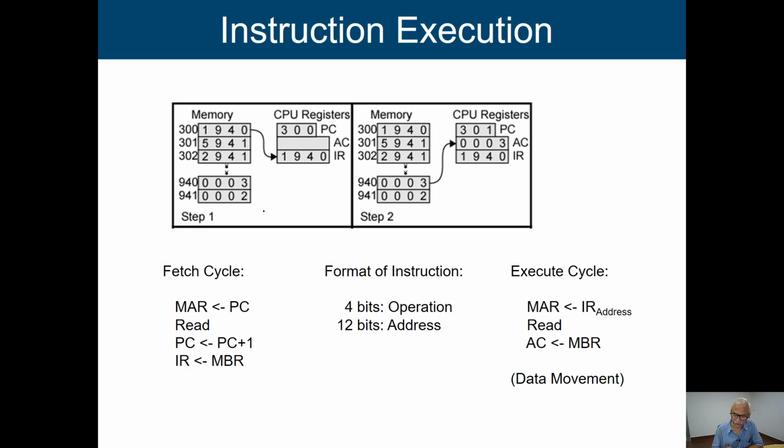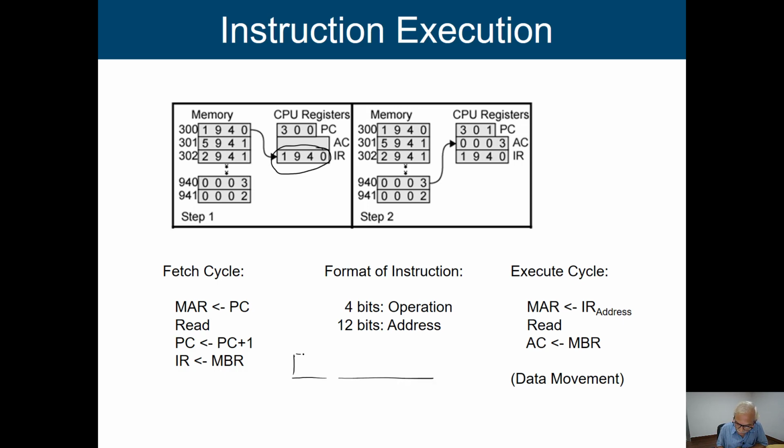Fetch I have already explained, and this is the fetch cycle. After completion of the fetch cycle, in IR I am going to get the current instruction, and that will go to the control unit, and the control unit is going to interpret it. Already we have seen the format of the instruction.